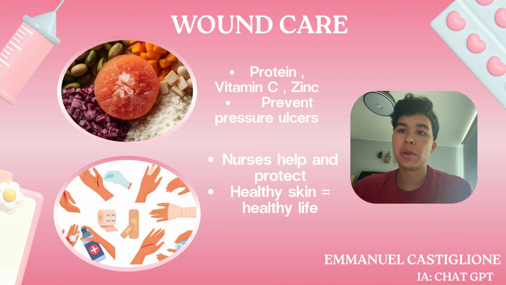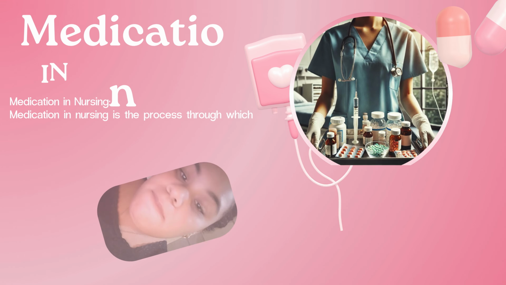But the most important thing is always prevention, taking care of our skin and keeping it healthy. In conclusion, wound care is about more than cleaning a wound. It's about helping people feel safe, healthy, and comfortable. Good wound care and good nutrition work together.